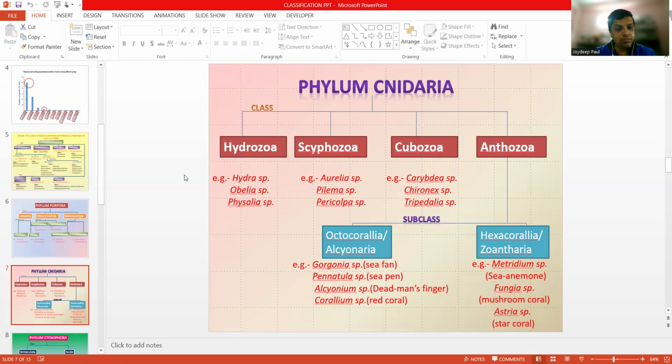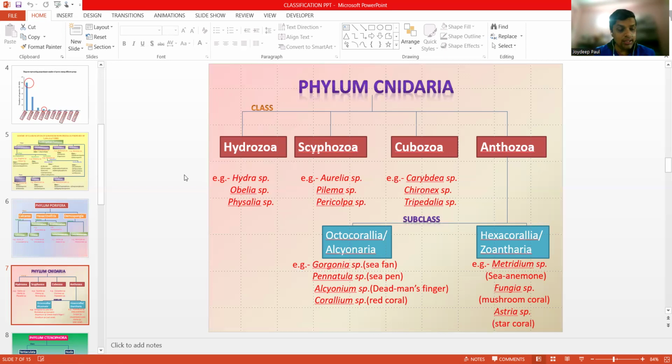Phylum Nidaria, previously also known as Coelenterata, includes diverse animals like jellyfish, sea anemones, corals, and the most familiar Hydra. They are diploblastic enterozoan, with tissue grade of organ system.